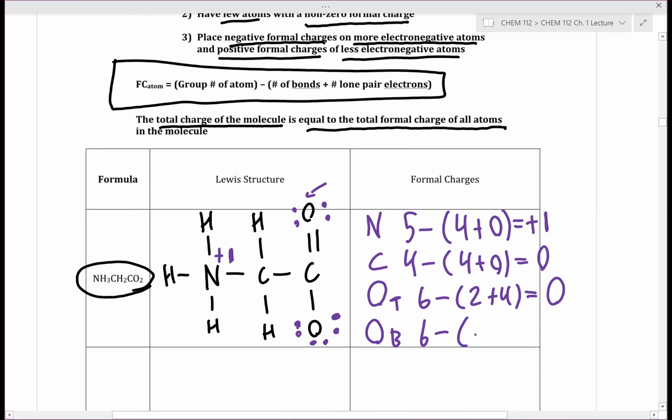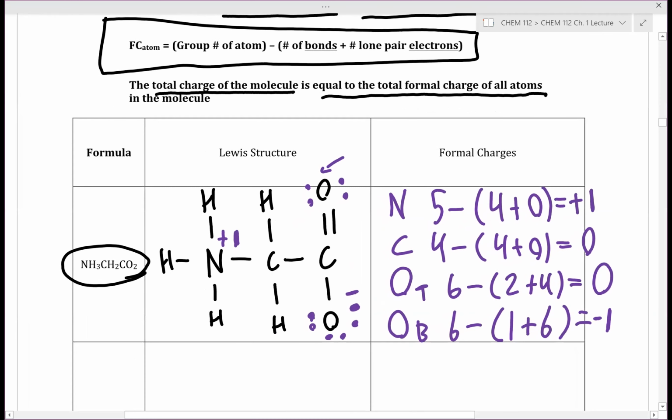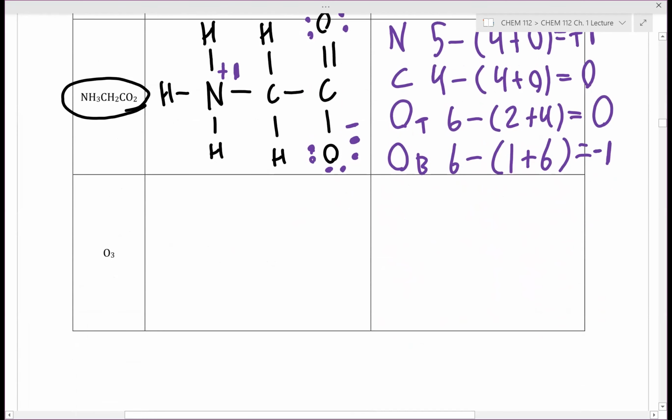How many bonds does this bottom oxygen form? 1. And then how many lone pair electrons are attached to that oxygen? 6. So that gives us a formal charge of -1. So we put a negative symbol next to that oxygen on the bottom. Does that make sense how to calculate formal charges? Okay, let me zoom in just a little bit more. Okay, perfect. So what I want you to do now is to draw out the following Lewis structure and assign formal charges. This may look like an innocuous formula, but it's a good test.